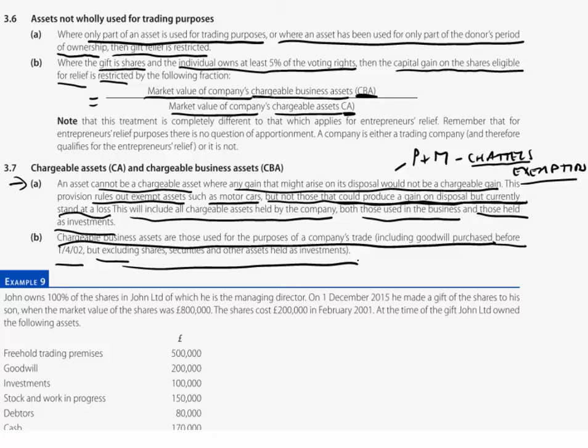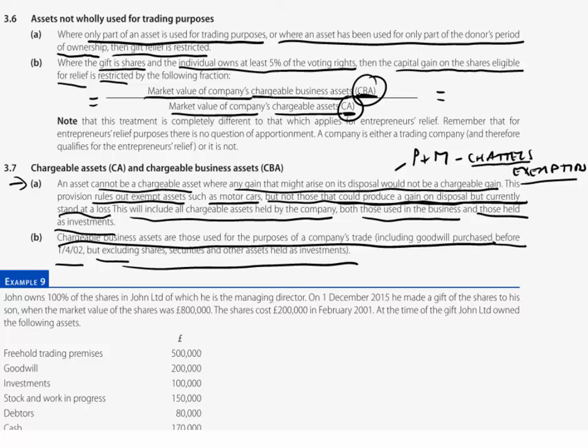So we are going to limit, therefore, the available gift relief to that part of the gain on the disposal of the shares that is equal to the CBA over the CA, market value of chargeable business assets over chargeable assets. Now here we do work the gift relief as we did with rollover relief on a proportionate basis.